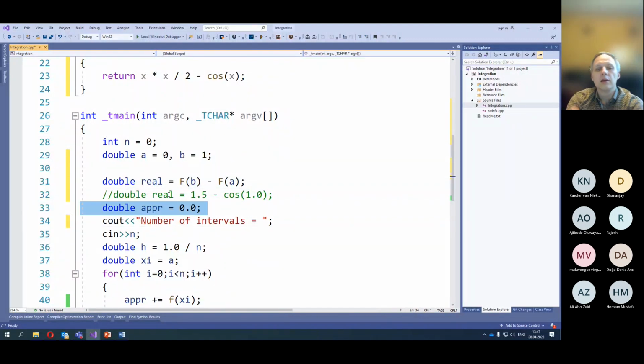Then let's declare a new variable for the approximated value of the integral. Let's use n as a number of intervals.